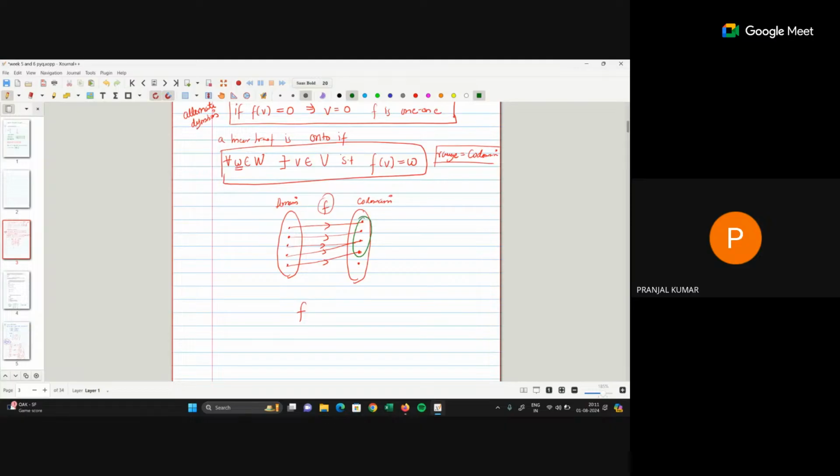Yes, only this is the range. So in this case, f is not onto, since this element does not have any pre-image in the domain.